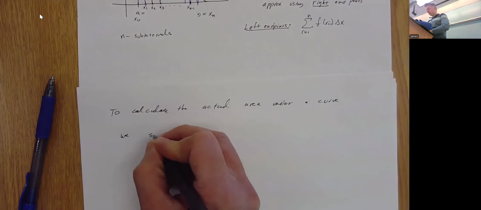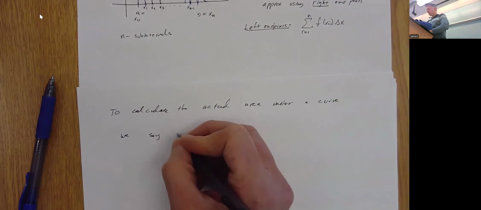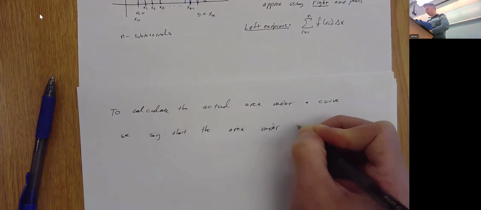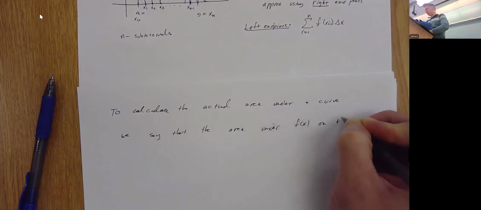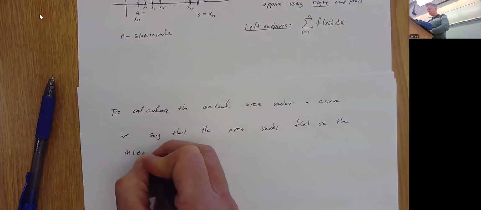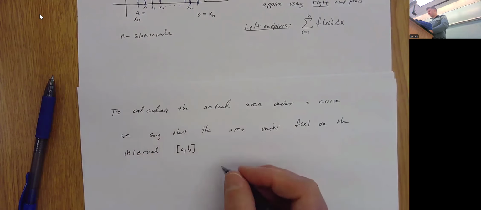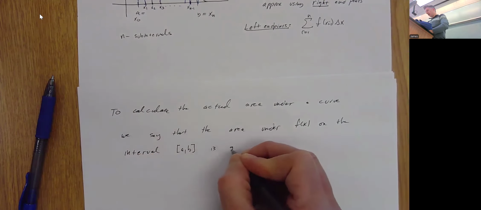We say that the area under the function f of x on the interval from a to b is given by the following.